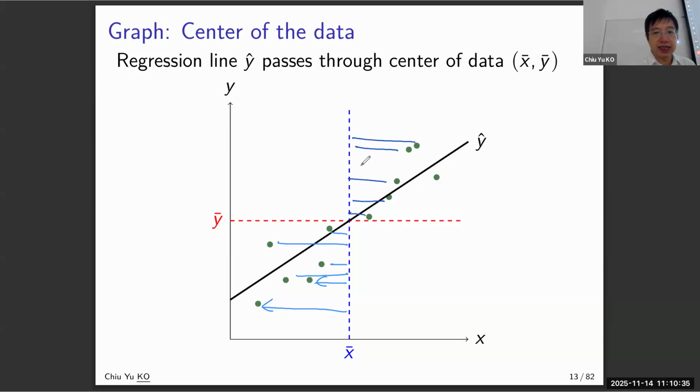This is exactly the center. Look at all the data: all the left-hand side of x and the right side of x, and x bar is exactly the middle. Similarly, you can do the y. Y also, the distances below y, look at all the points, and look at all the red here.